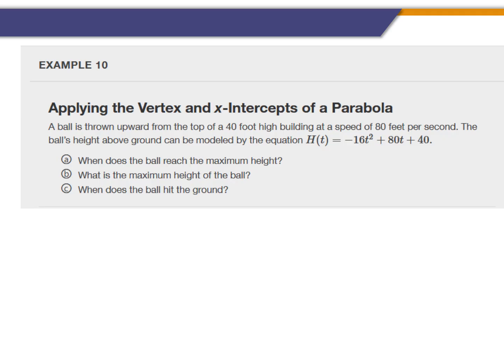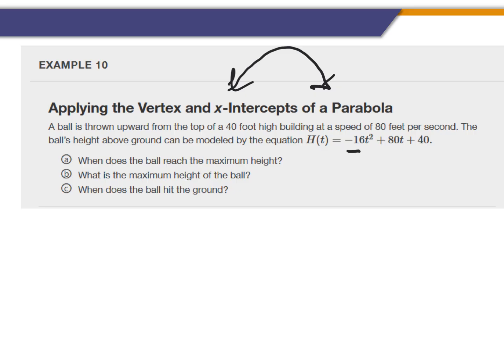We've talked about this before: there's always going to be a -16 in front of a parabola when we talk about an object that goes up and comes down, because the acceleration due to gravity is -32 feet per second squared. We take half of that, so we get the -16 in front.